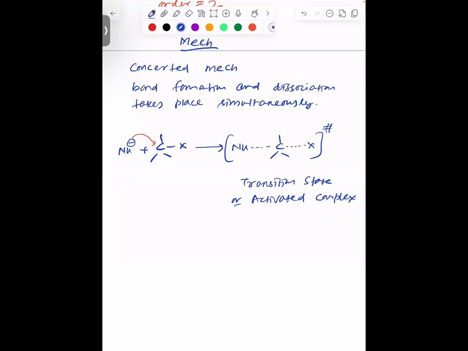In the intermediate, both the nucleophile and the halogen are present.